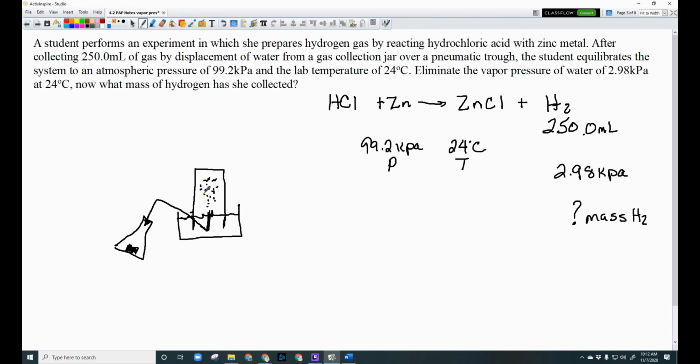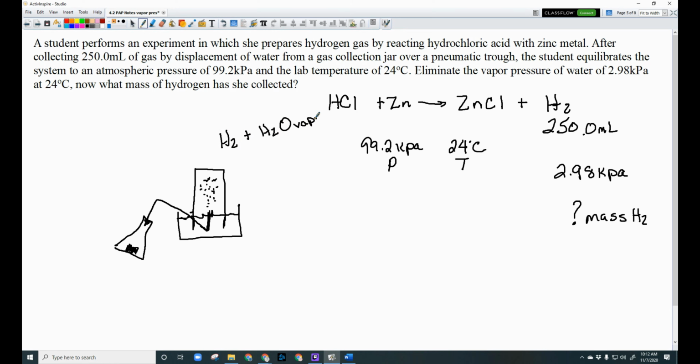All right, so let's look at this. When you collect this gas over this pneumatic trough, not only is there hydrogen gas in there, but there's also water vapor, because this water here is gaining enough energy to go to a gas. So we have a mixture of hydrogen gas plus water vapor.